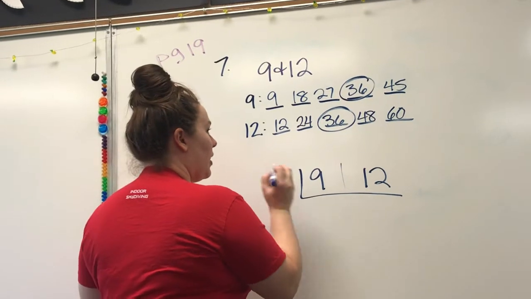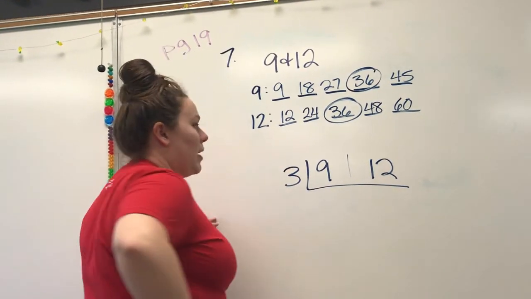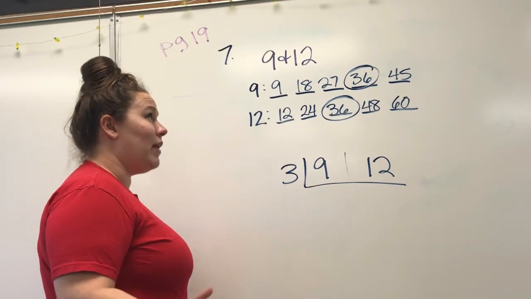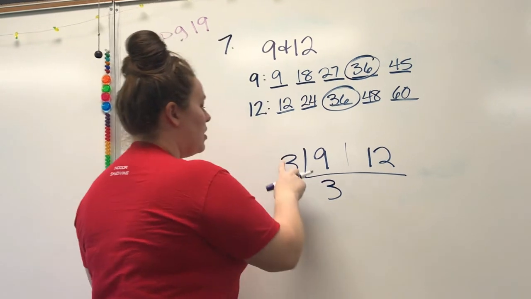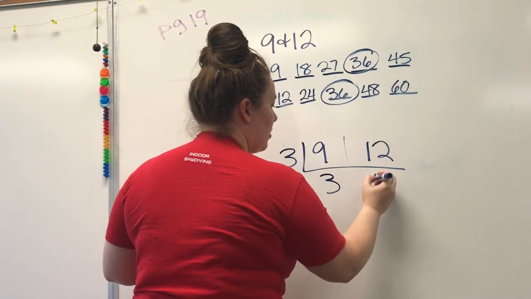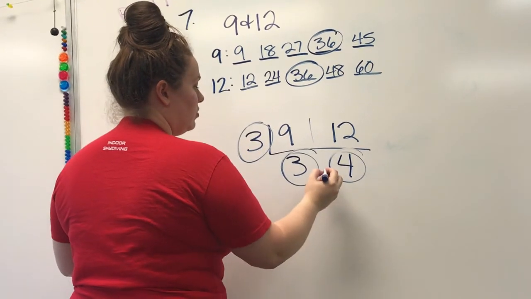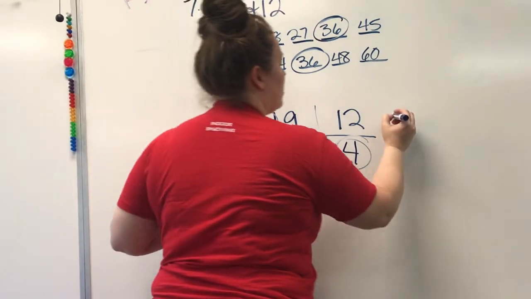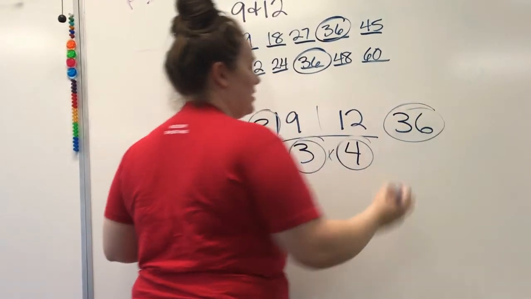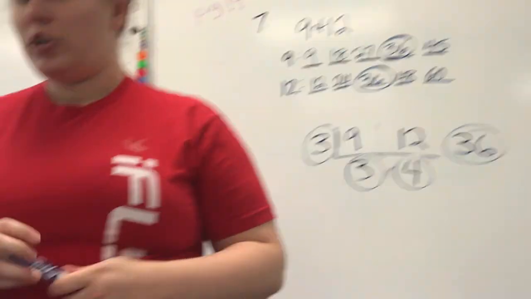I know that on my hundreds chart, I put a green slash through both of those numbers, so they can be divided by 3. 3 fits into 9 how many times? 3 times. And 3 fits into 12 how many times? 4 times. So those two together is 12. 12 times 3 is 36. It works.